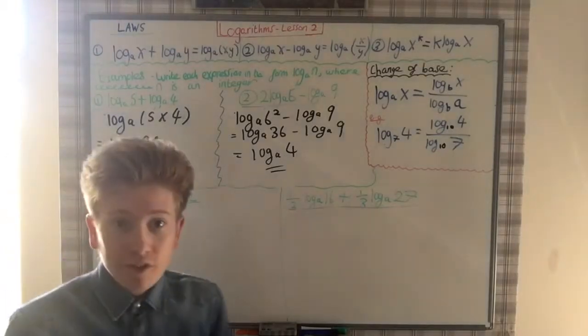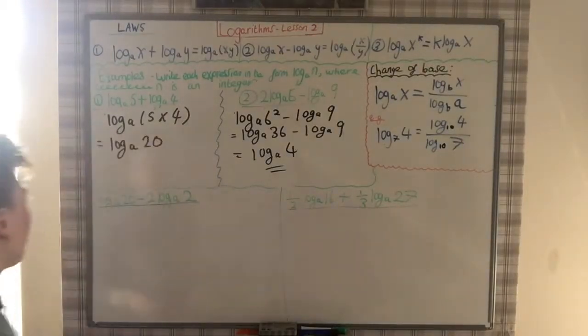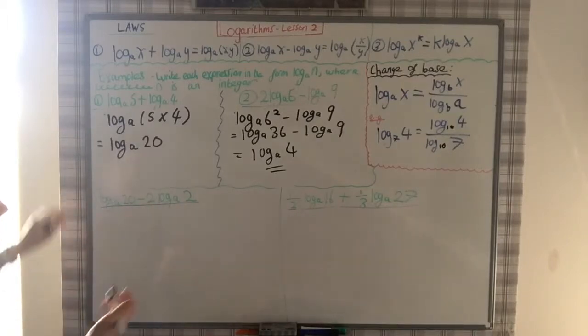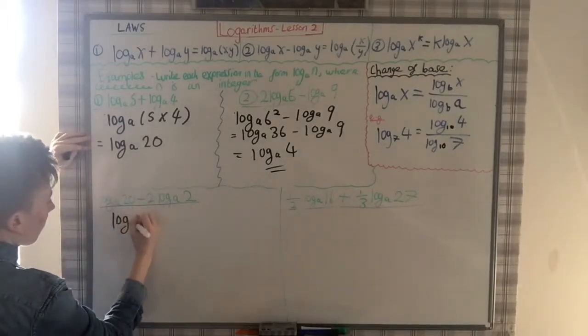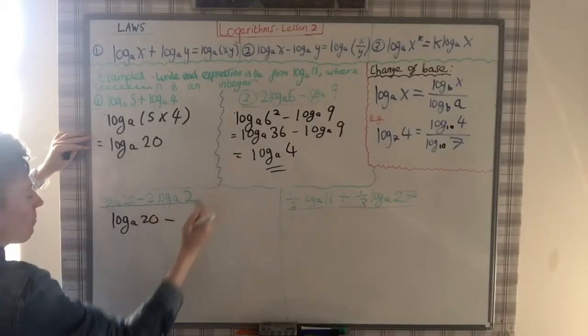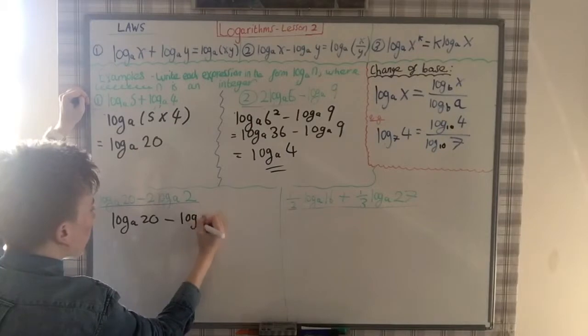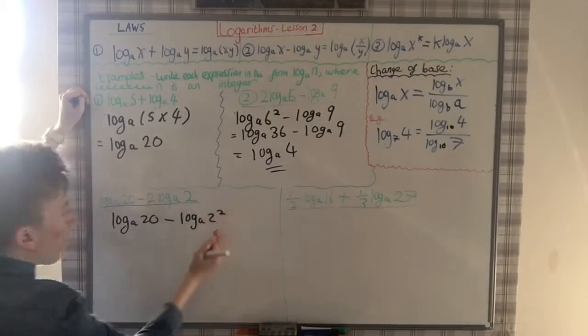Okay guys, hopefully you've paused the video and had a go at these questions. Log 20 with base a, subtract log 2 with base a, with a multiplier of 2 in front of it. We have 2 log 2 of base a. So again, similar to this example, we're going to have to move the 2 up as a power.